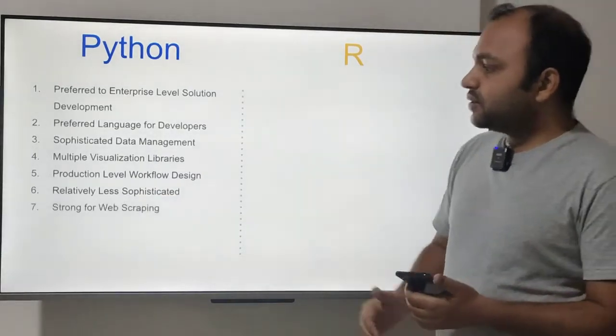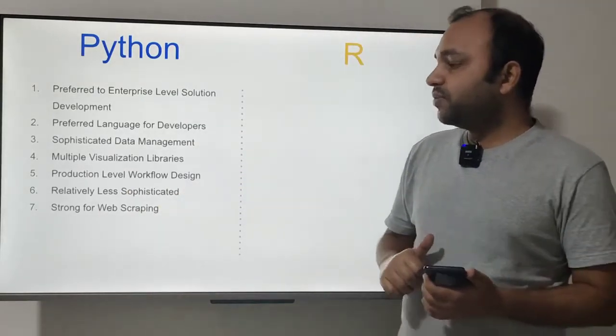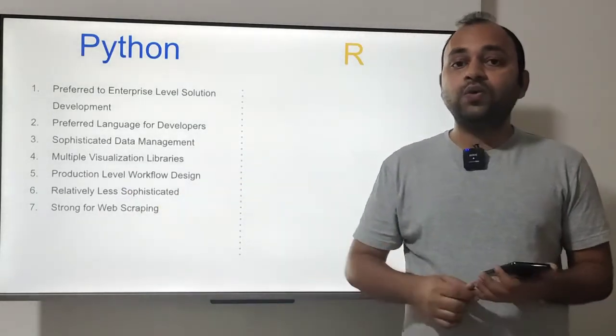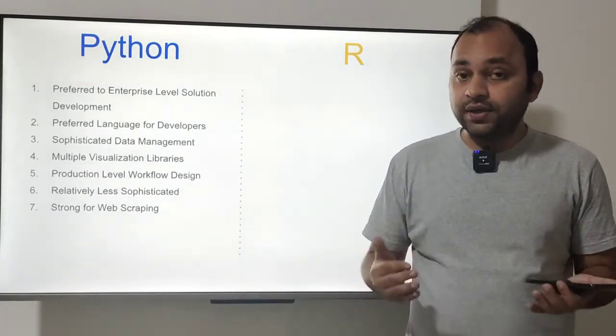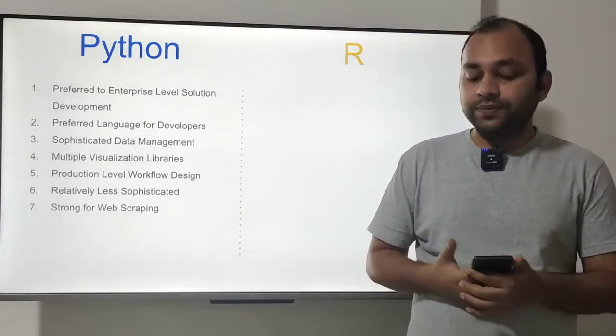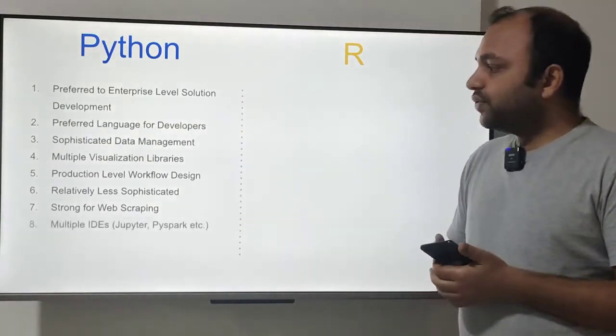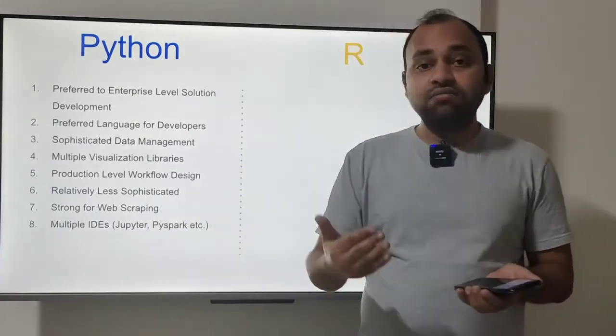After that, it is strong for web scraping as compared to R, because you have sophisticated libraries, actually multiple libraries, with the help of which you can do web scraping. You have multiple IDEs like Jupyter, PySpark, and many others.